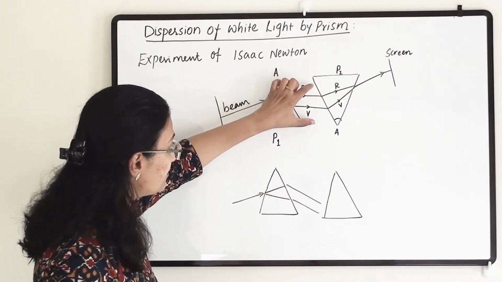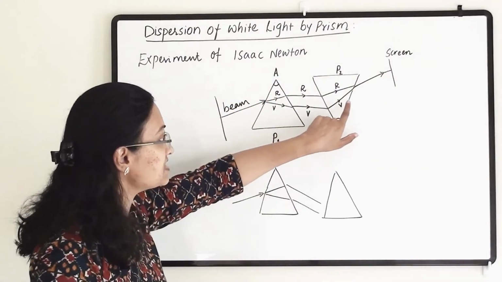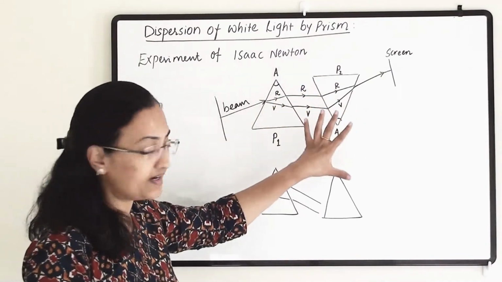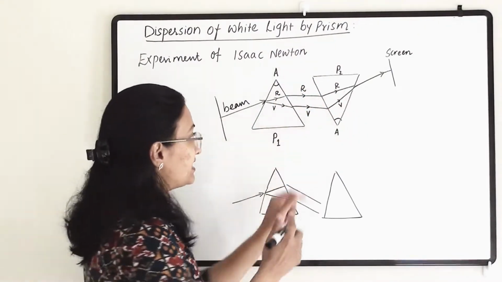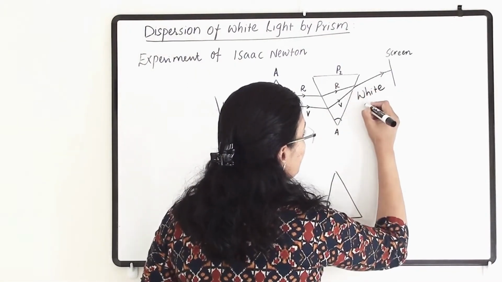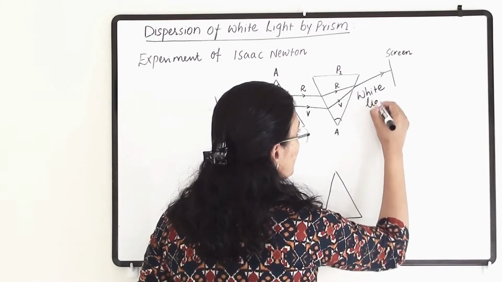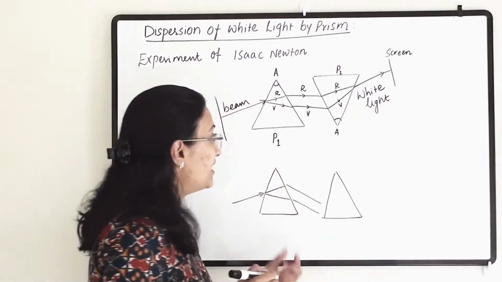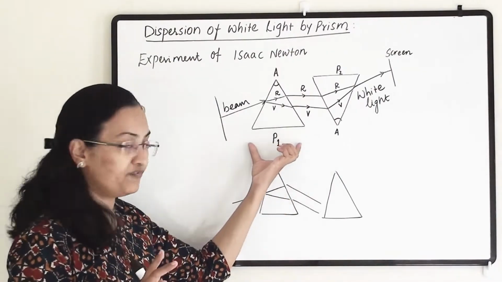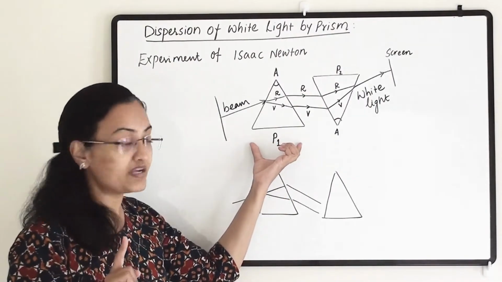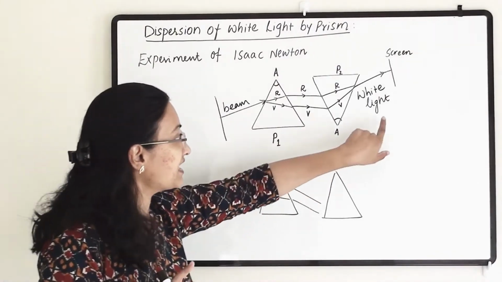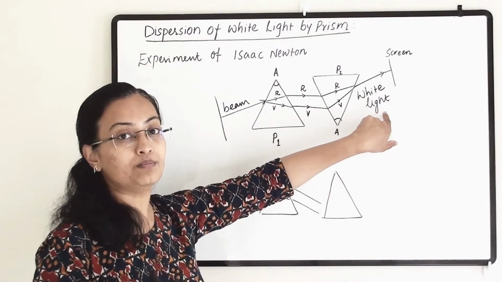Those 7 different colors again pass through the second prism, which was inverted, and they get combined into a white light. So here at the screen he got a beam of white light when he used a combination of 2 prisms, in which the first prism was upright and the second prism was inverted. And from the second prism he got the white light beam back.